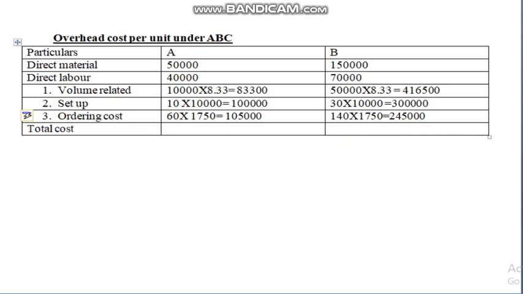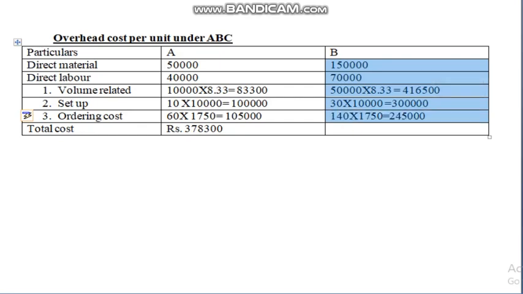Now make the total. This is the total cost. Total cost for product A: 50,000 plus 40,000, 83,300, plus 1 lakh plus 1,05,000. So the total cost for product A is rupees 3,78,300. And calculate the total cost for product B: 1,50,000, 70,000, 4,16,500, then 3 lakh plus 2,45,000.